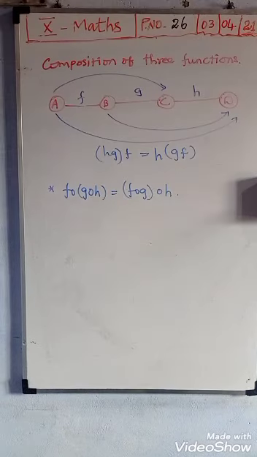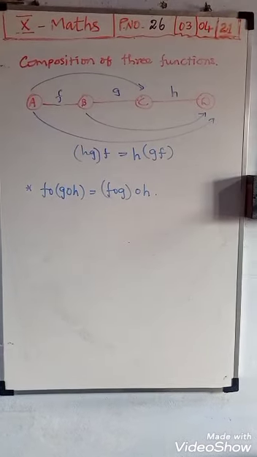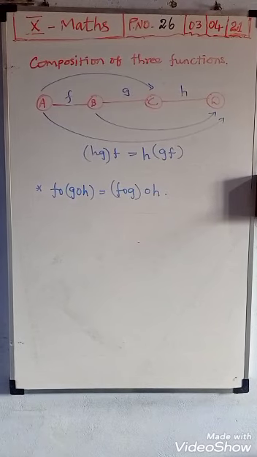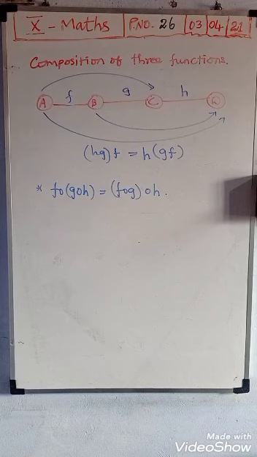Next you see compositions of three functions. Okay, what is composition of three functions? Earlier, in previous classes, we have discussed compositions of two functions, only f and g. But here there are three functions f, g, h.